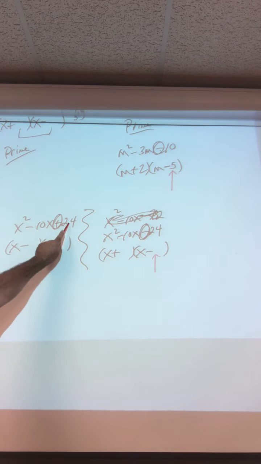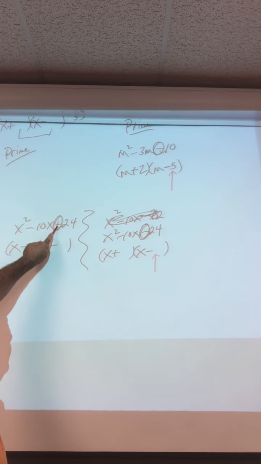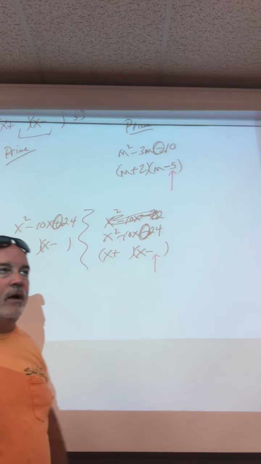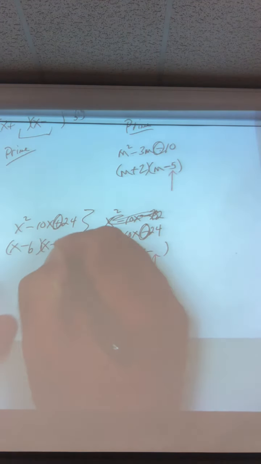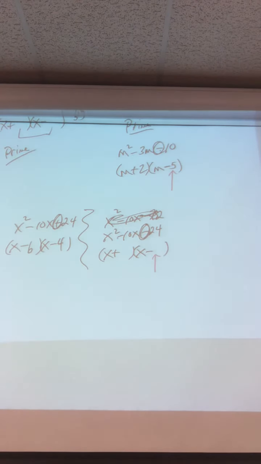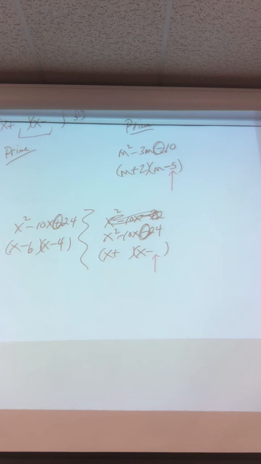This one says two numbers to multiply to 24, but if you add, you get 10. What two numbers, if you multiply, you get 24, but if you add those same two numbers, you get 10? 6 times 4. But look at this one. Two numbers that multiply to give you 24, but if you subtract them, you get 10. 6 and 4 won't work anymore, because if you subtract 6 and 4, you get 2.